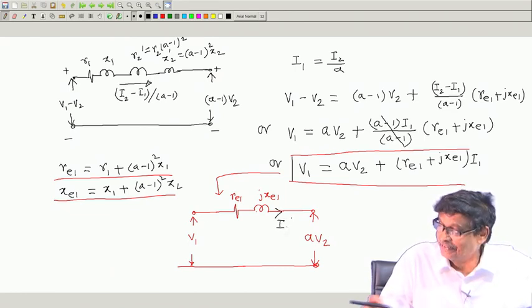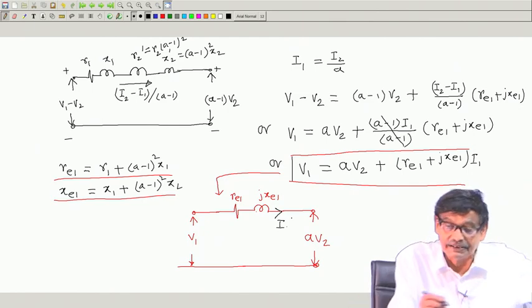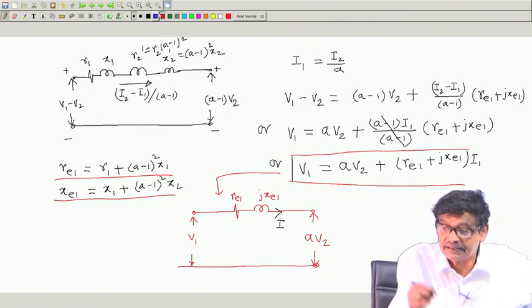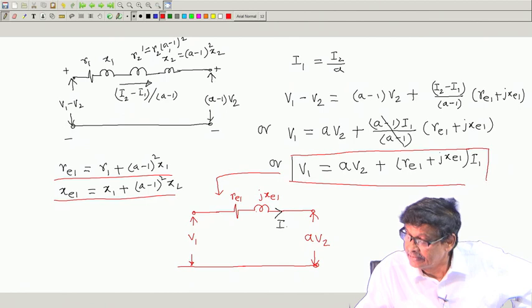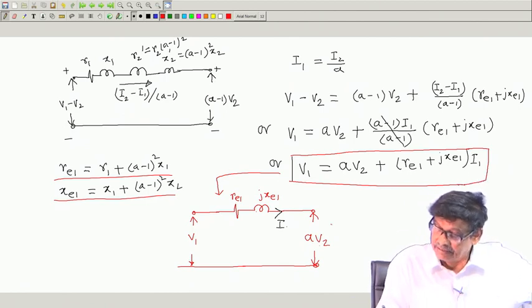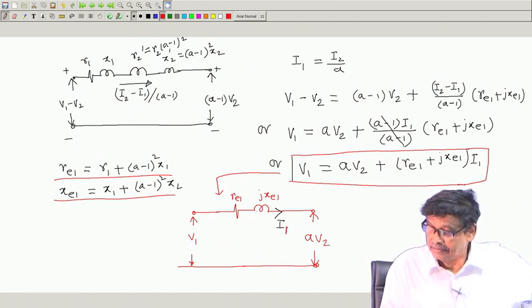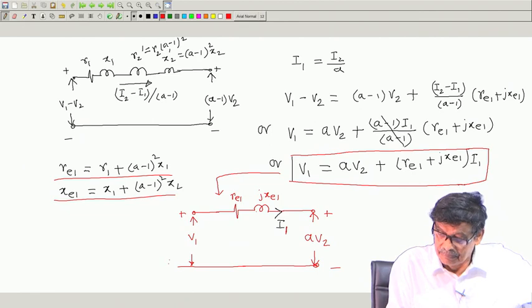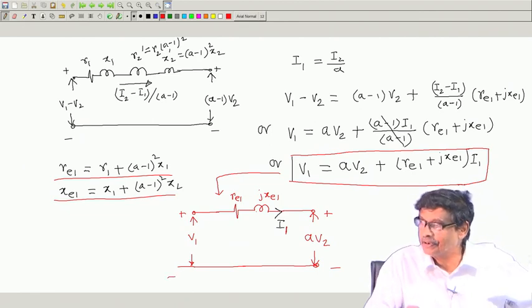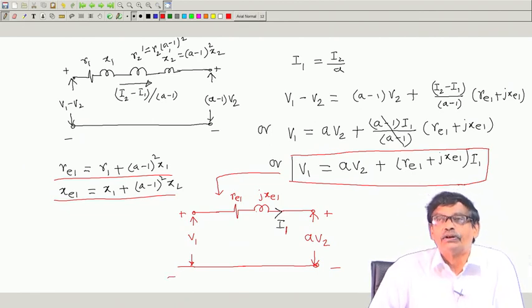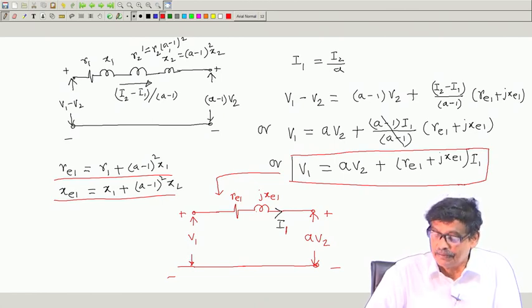This equation suggests that this is I 1. Therefore, A V 2 plus the drops gives you V 1, in the same way as we draw the equivalent circuit referred to primary of a 2 winding transformer.